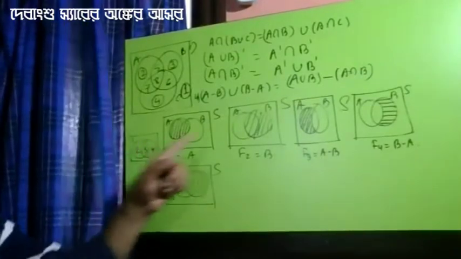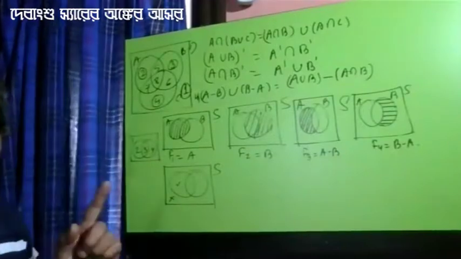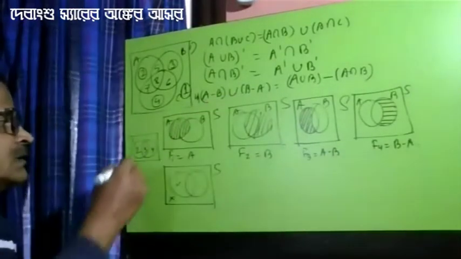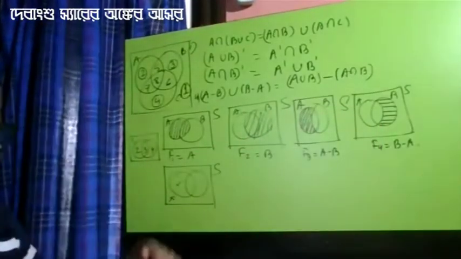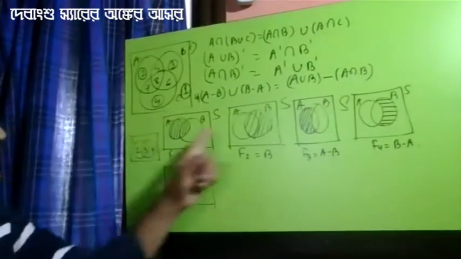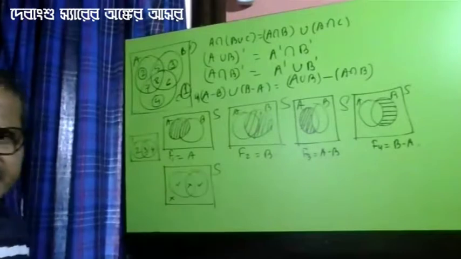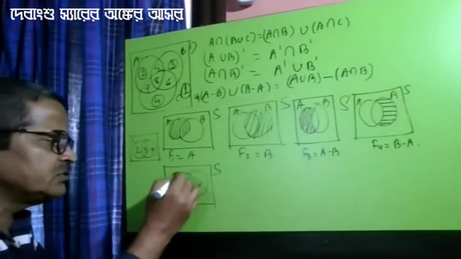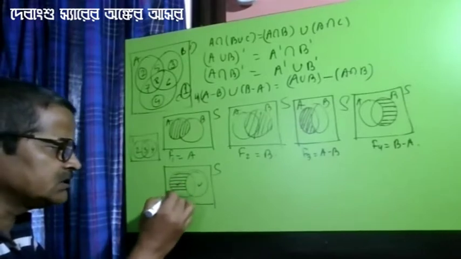The second portion, 2, is in this set but not in this, so I have to shade this portion because we are taking union. Now the third portion is not in this set and this set, not in either of the sets, so this portion will not be considered. And likewise, the fourth portion is included in this set, not in this, so the fourth portion is to be shaded. So I will shade only these two portions. So let me shade the portion. Yeah, so beautiful.